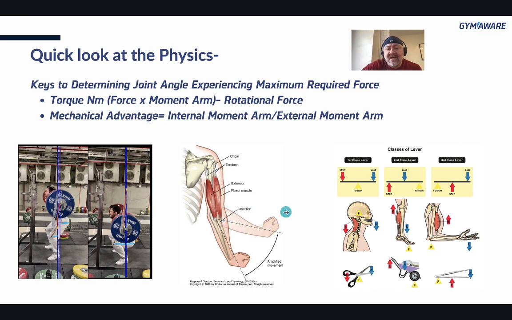But still, you're at a mechanical disadvantage. And that's where it's maximized, when it's at 90 degrees. So it gets easier as you get lower, but it also gets easier upon lockout. So that's why when people do 21s in curls, it's a great way to maximize force being produced in elbow flexion.